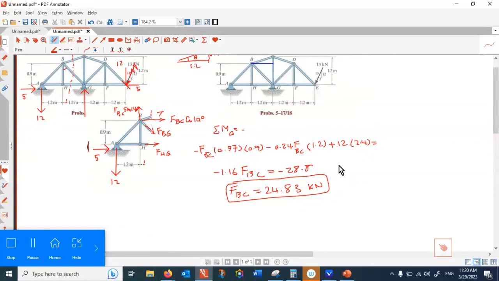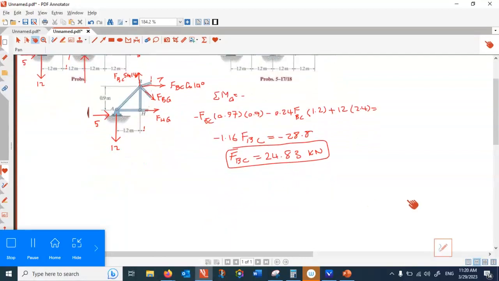Okay, now if we take rotation with respect to point B, these two unknown forces won't make any rotation.